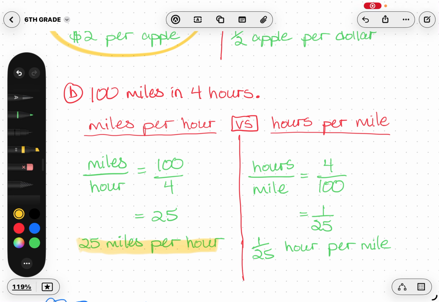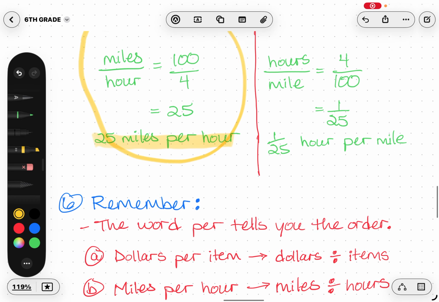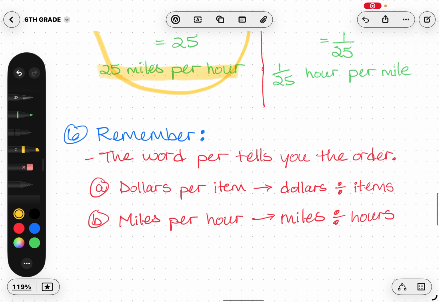But if the unit rate was hours per mile, then we would be dividing 4 by 100, which is 1/25. So it would be 1/25 of an hour for each mile, or per mile. However, when we do unit rate, they always want it in miles per hour.